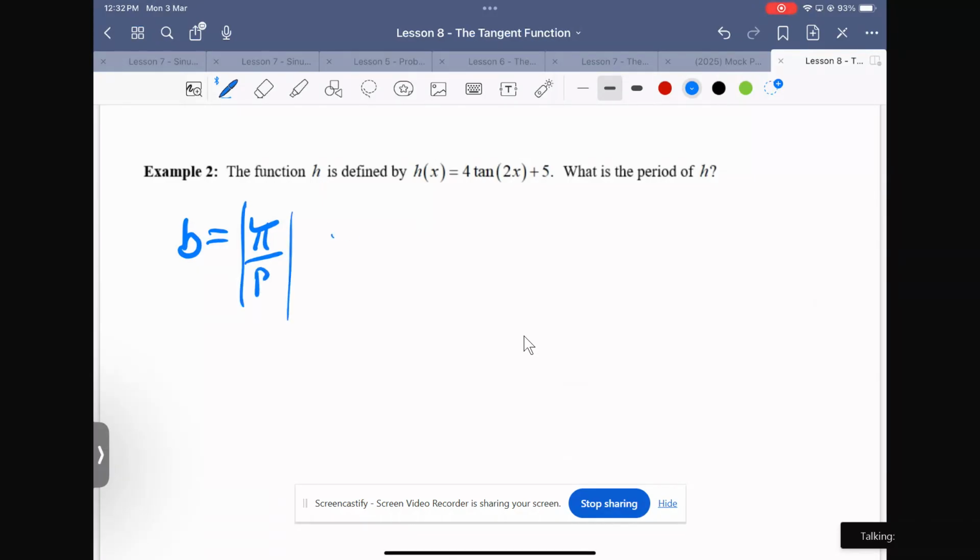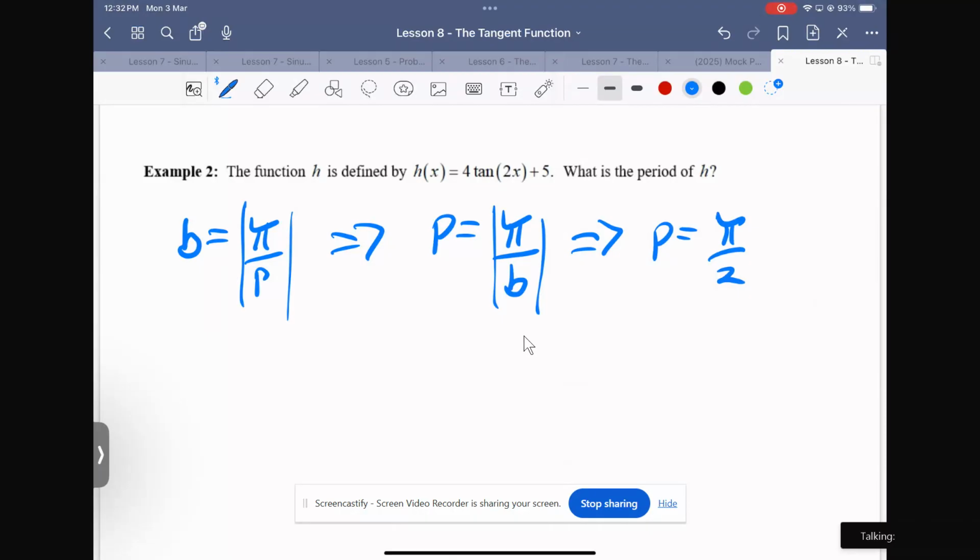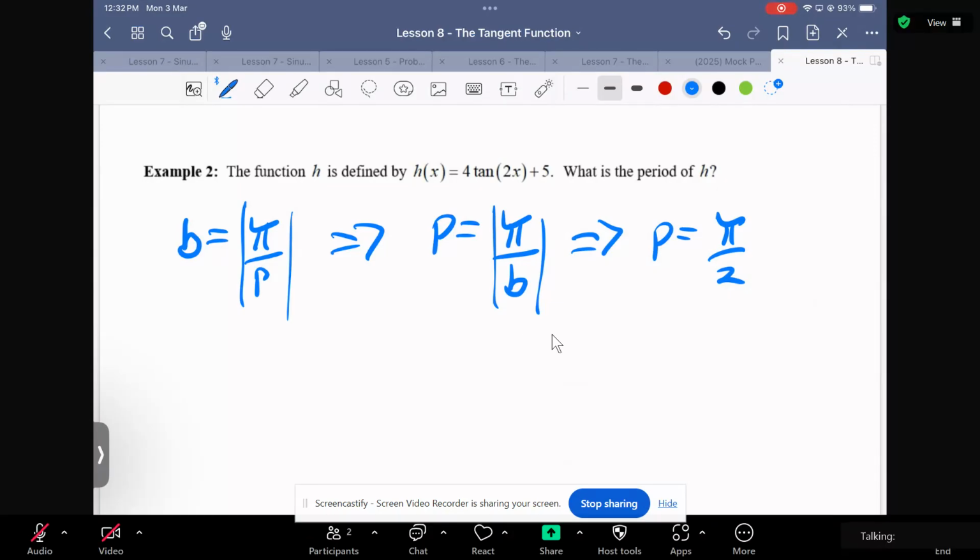So we can rearrange this, and then the period is equal to pi over B. That's going to give us the period is equal to pi divided by 2. So our period is going to be pi over 2. It's basically half the period. The period is normally pi. So in this case, it's half the period for us.